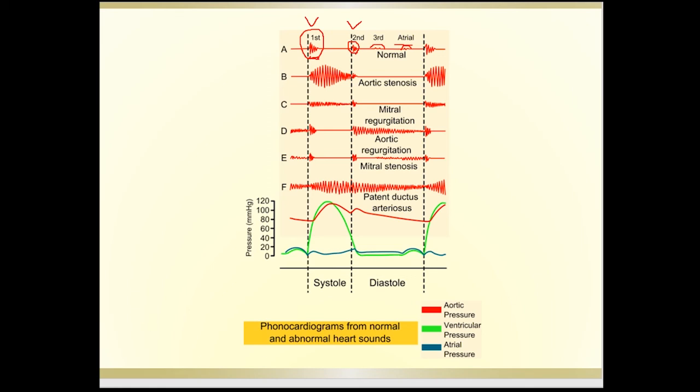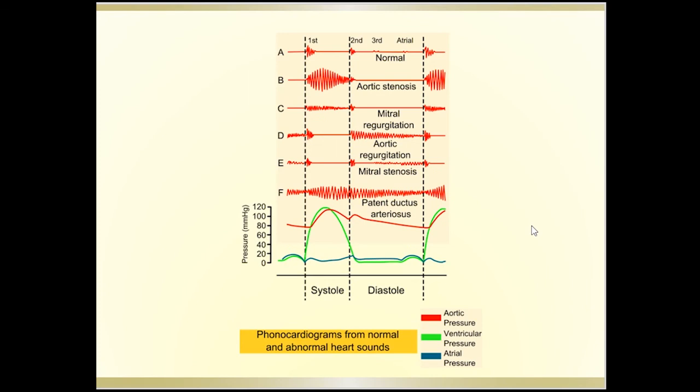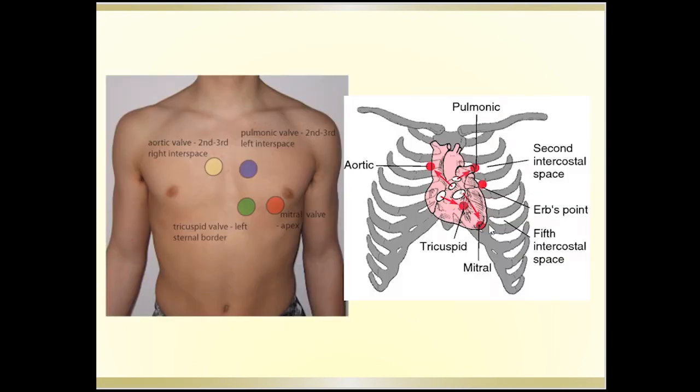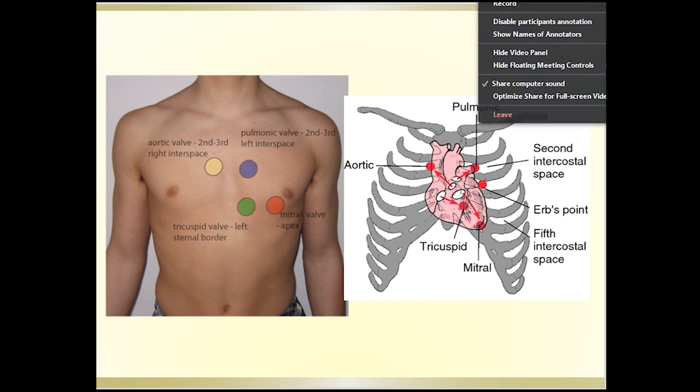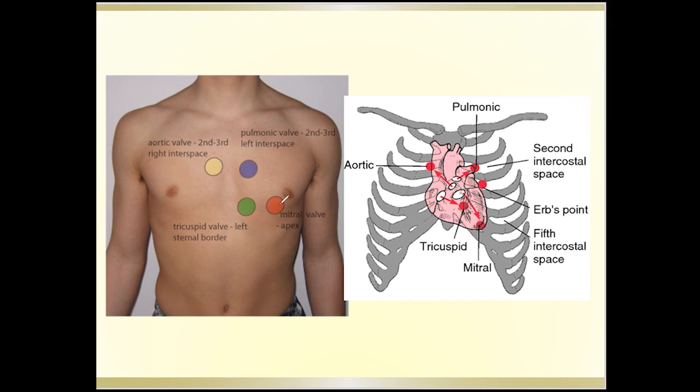We can hear them from a big part of the heart area. You can try putting a scope in front of the chest area. Basically, all over this area you can hear the heart sounds. Certainly, if you go to the apex area of the heart, the sounds are clearer.